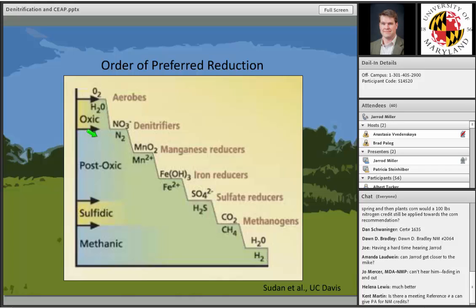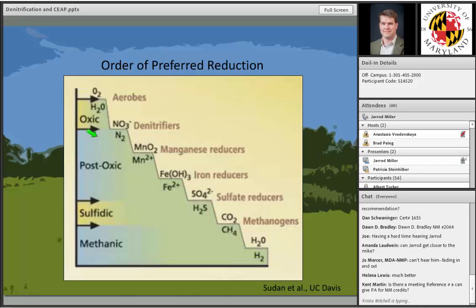So when you get into an environment like a bog down over here, you might start to see sulfur and methane, which usually means you're in a very reduced environment. So nitrate's at the top of the scale, which means it still has quite a bit of energy compared to some of these other elements.